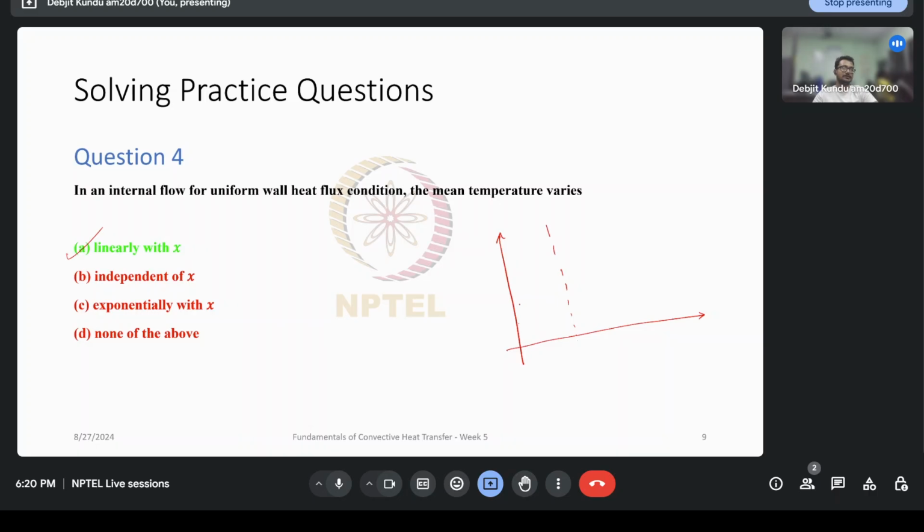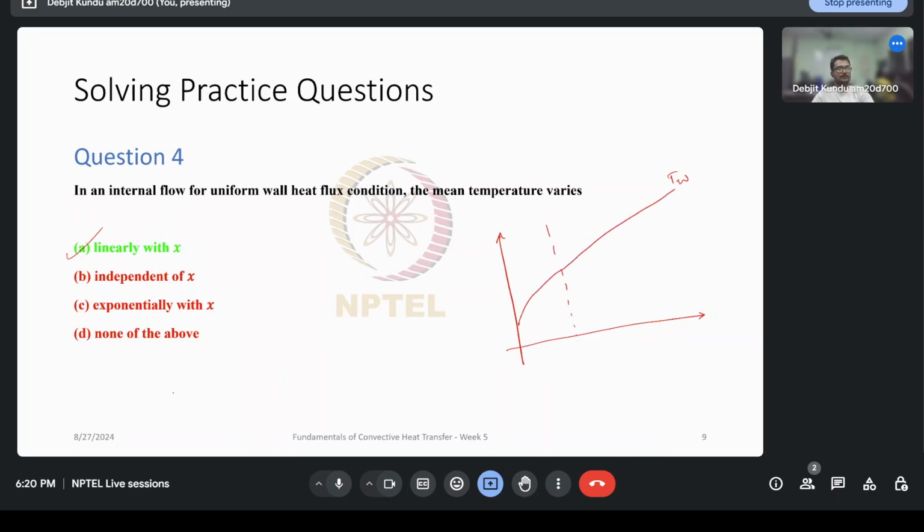If, let's say, there is heat transfer from the wall to the fluid, in that case, let's say the wall temperature would be something like this, and I'll take a different color. Or no, the initial part would be somewhat different. So it increases first, then it varies linearly.